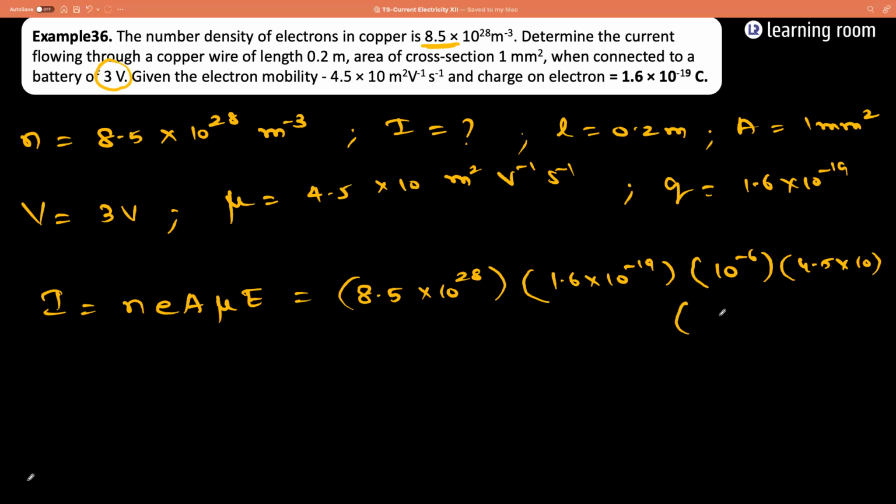Okay, what is the value of E? E can be written as V by L. So 3 divided by L, which is 0.2, will give you 15. So just multiply everything and write the answer. Those many ampere will be the required answer.